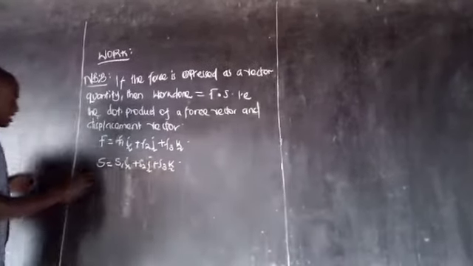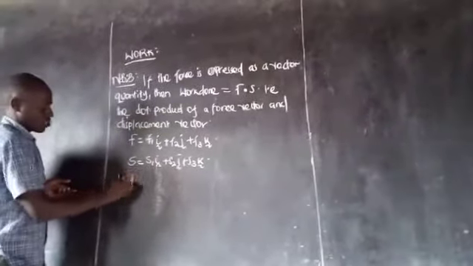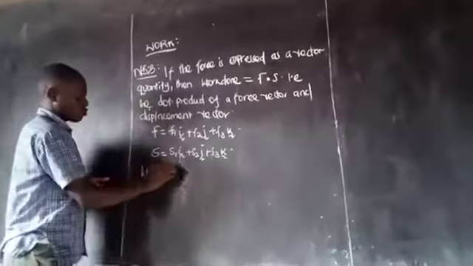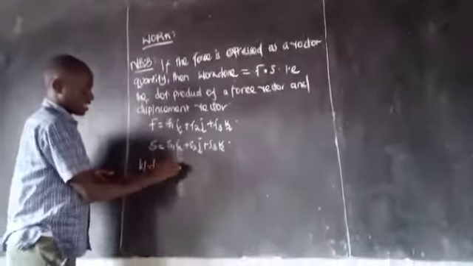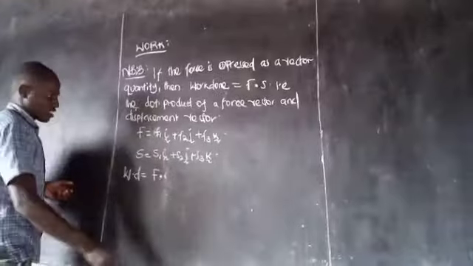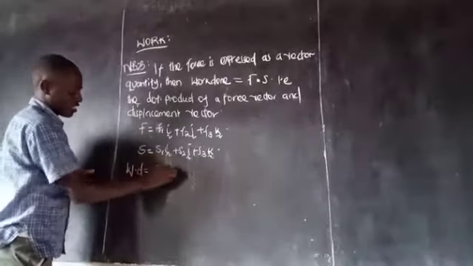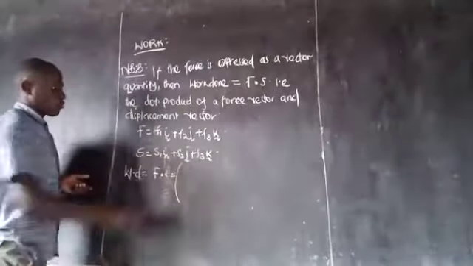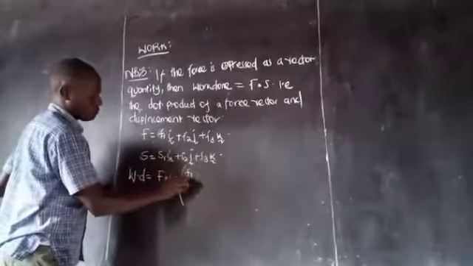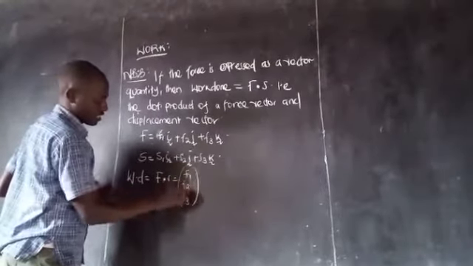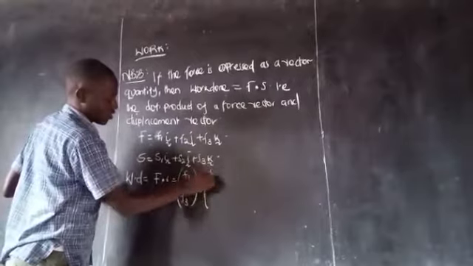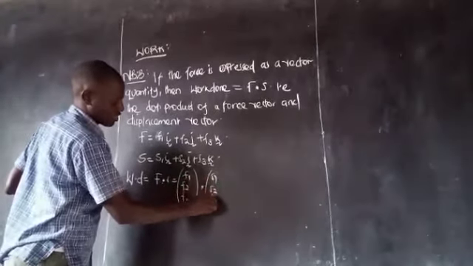Then we say that to get the work done, it will be the dot product of F and S. We dot them in column form, where we have f1, f2, f3, and then dot s1, s2, s3.